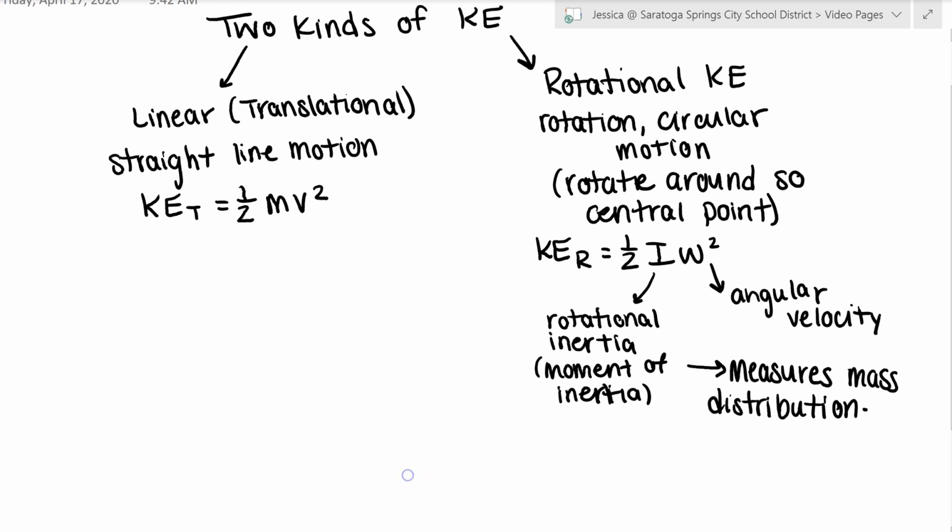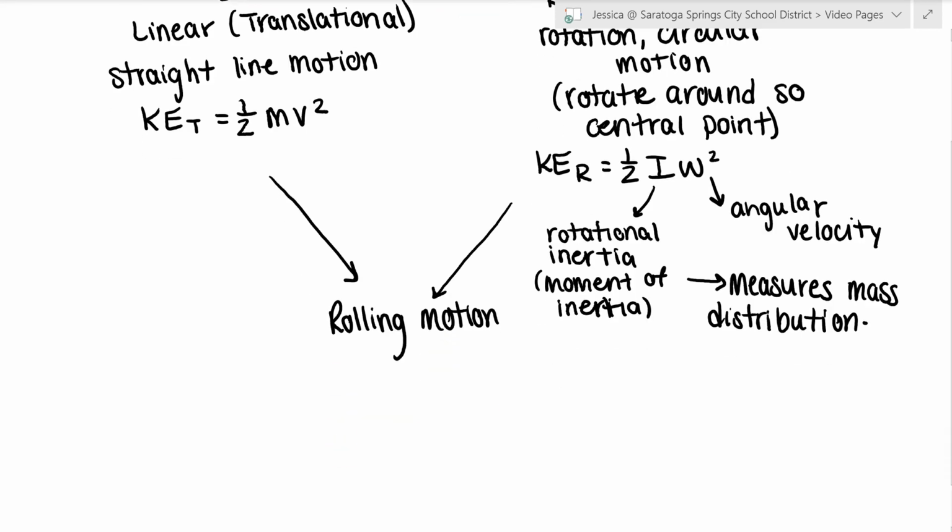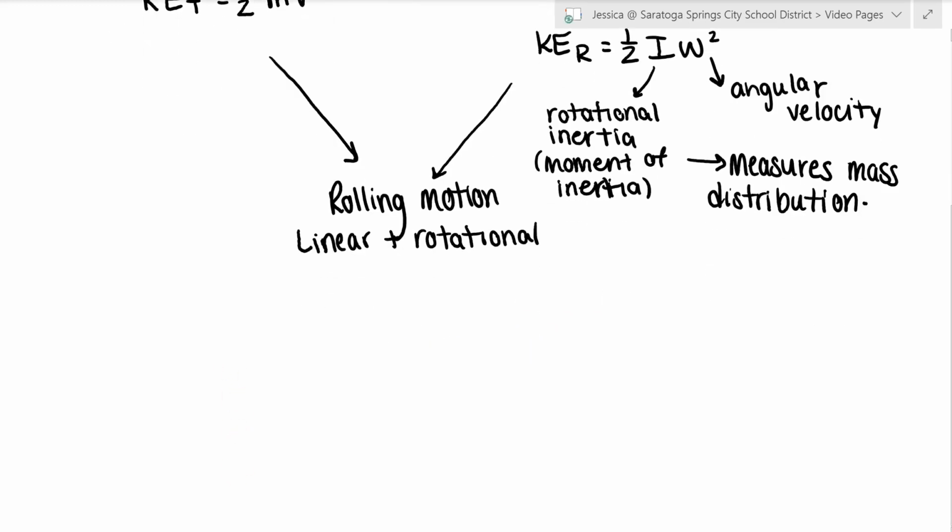We can combine these two motions, linear and rotational, into rolling motion. So that would actually be a combination, like I said, of linear and rotational. And we can have rolling motion or linear and rotational kinetic energy if we're thinking about just an object. An object that would have rolling motion would be a ball rolling downhill.